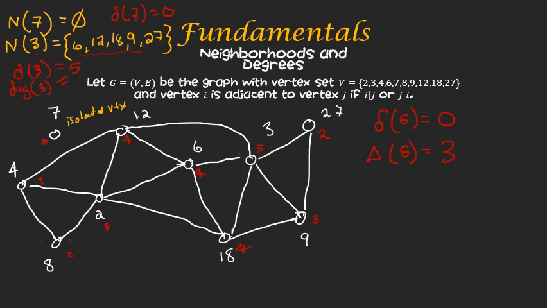I want you to notice something about how the degree of a vertex relates to the number of vertices, and that is what the highest the maximum degree could possibly be. That is, what's the highest degree any vertex can have in a graph. With the simple graphs that we're working with here, so no multiple edges between the same pair of vertices and no loops, a vertex can't be adjacent to itself.